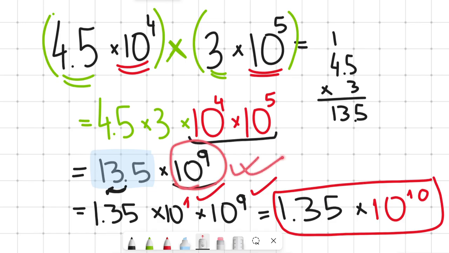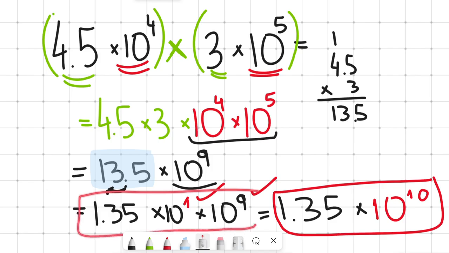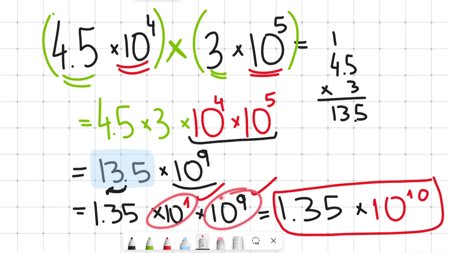So that is 10 to the power of 9. But we need to check if this final answer is in scientific notation, because it's not. We have to write 13.5 as 1.35 times 10, and then we copy 10 to the power of 9. Finally, 10 to the power of 1 and 10 to the power of 9 is 10 to the power of 10. With that, we have the final answer.